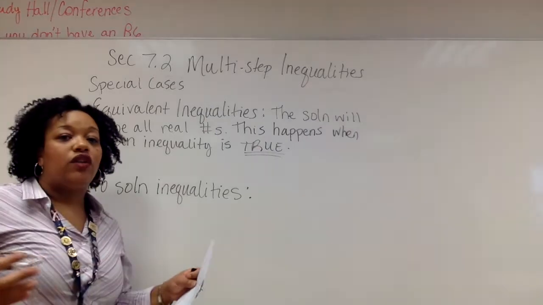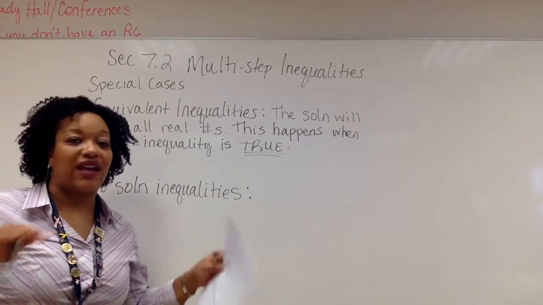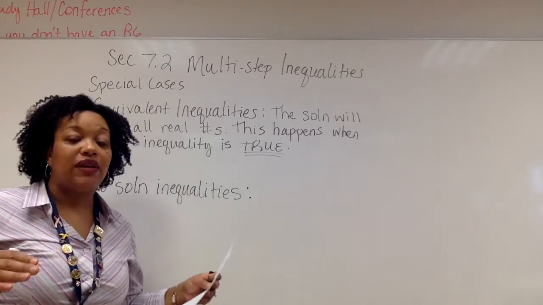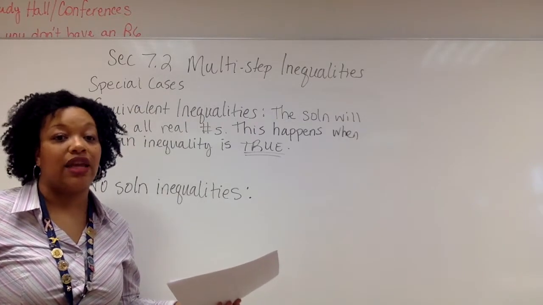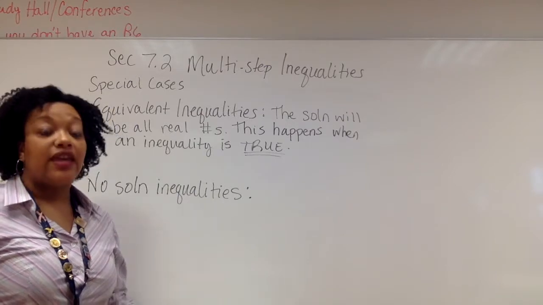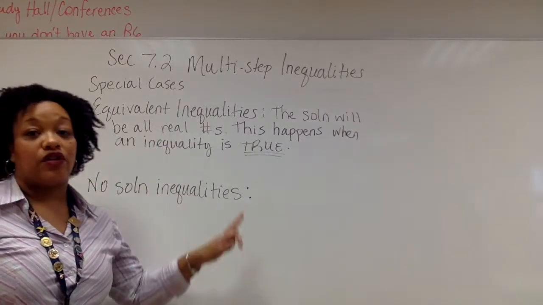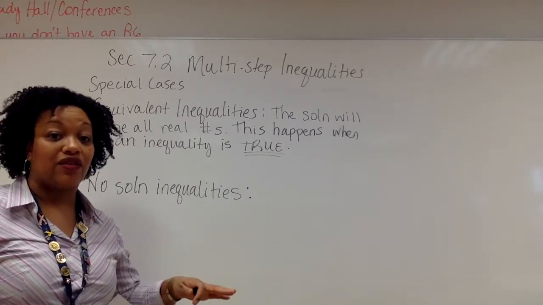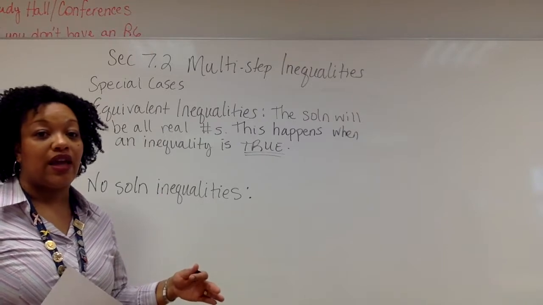So remember, your variables are going to factor out, cancel out somehow. You're going to be left with a number on the left side and a number on the right side of your inequality. You're going to have to look at that inequality and tell me if it's true or not. If that inequality is true, that means that any number you put in for that variable that canceled out, it's always going to be a true inequality.